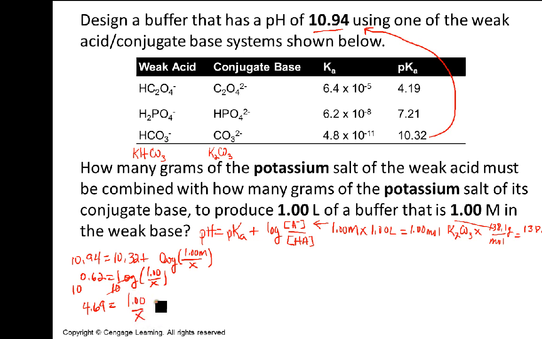So you can flip both sides around, or I like to think of it as multiply both sides by x, divide both sides by 4.69, and you can see the concentration is 0.240 molar, or moles per liter, of the weak acid, potassium hydrogen carbonate.